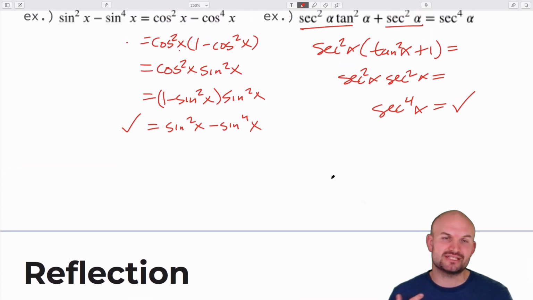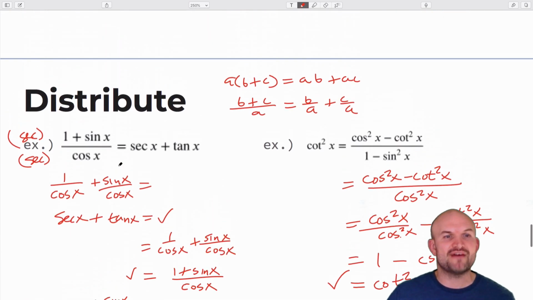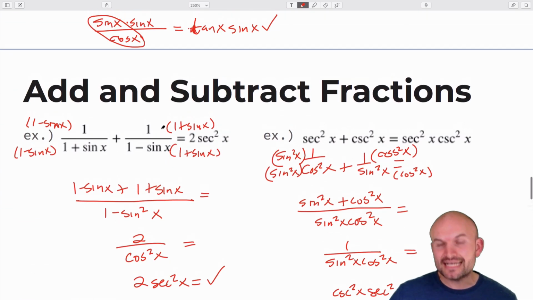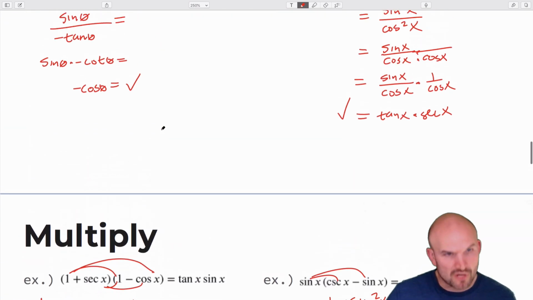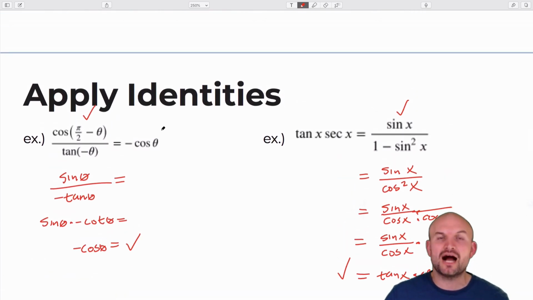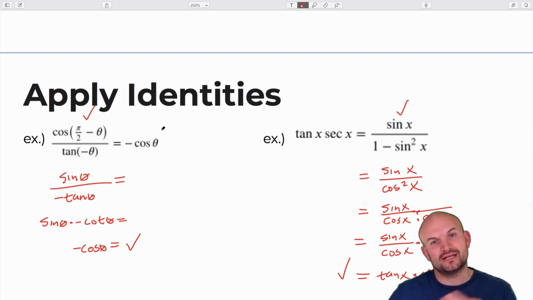And again, my advice, guys, is it takes time, it takes practice, but keep on working through them. Look at those operations: the factoring, the distributing, the rationalizing, the adding and subtracting, the multiplying, as well as converting identities. And if you get stuck, try to do something else, use a different identity, or pick another side.